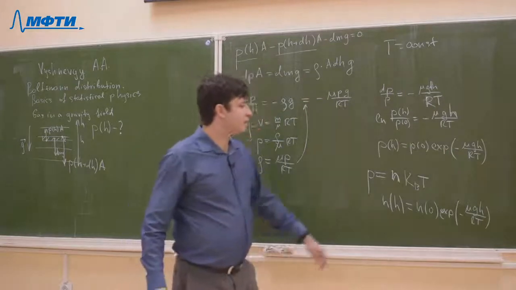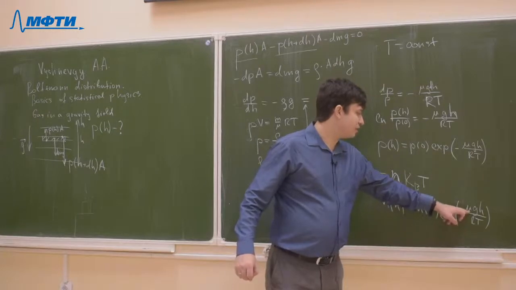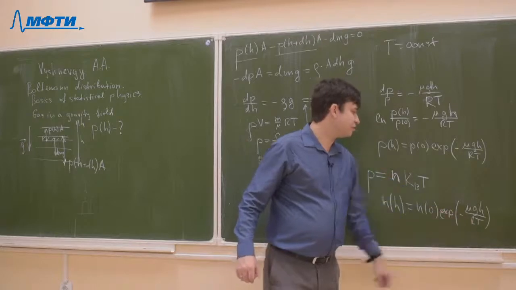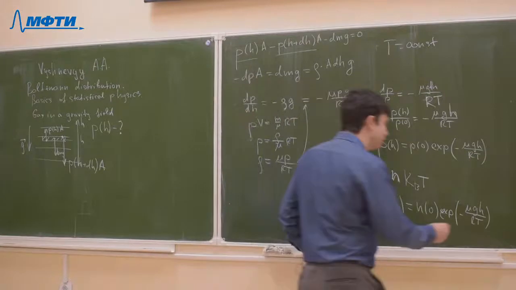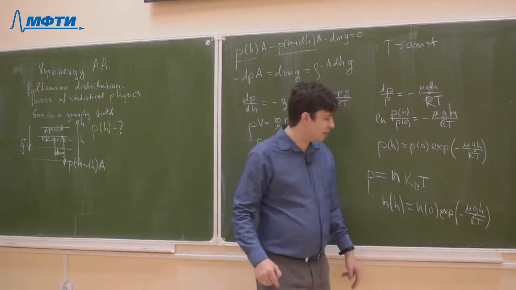And next, I somewhat transform this exponential, and instead of molar mass and universal gas constant, I use mass of a molecule and Boltzmann constant. So I divide both numerator and denominator by Avogadro number.